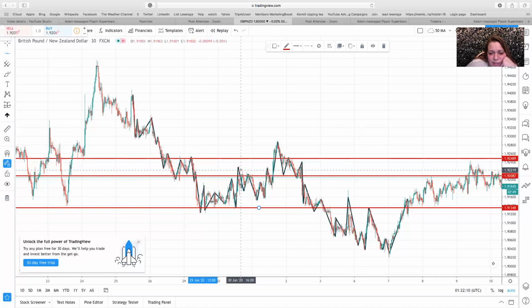But it stayed in between this area until right here. You see this? Big engulfing candle. It broke through this, came down, retested, and it got stuck in between this area. And it broke down with this big red candle down to this level of support, retested, and boom.